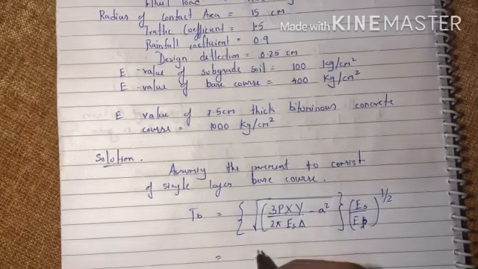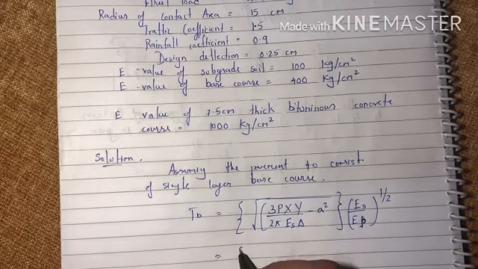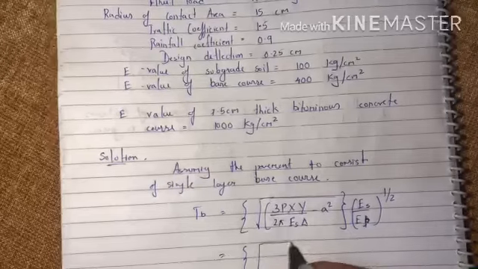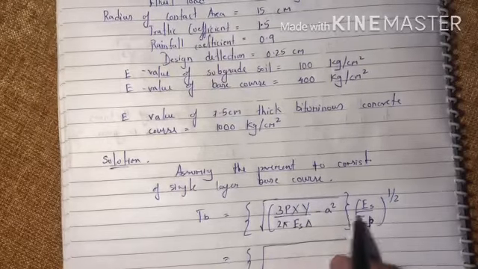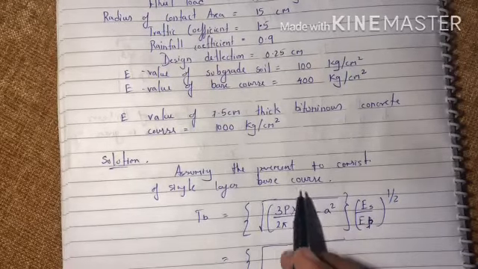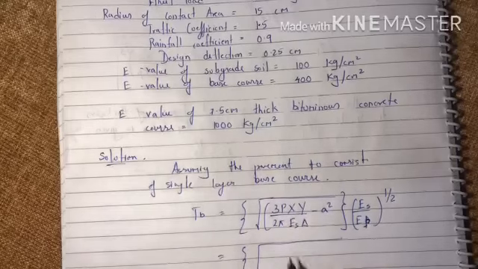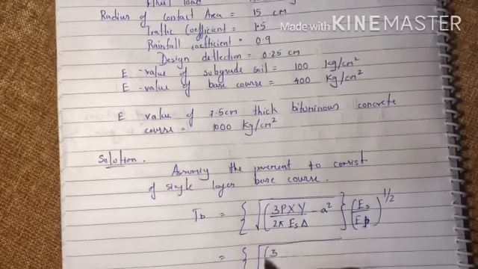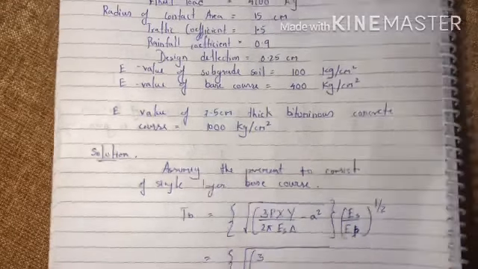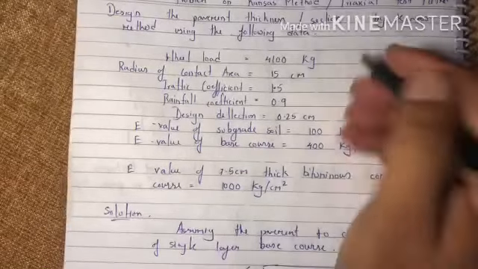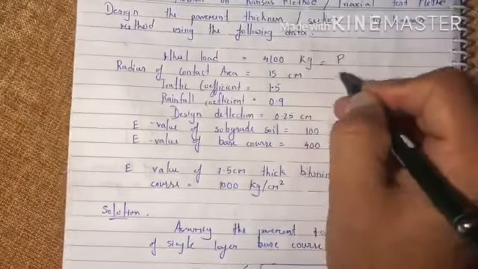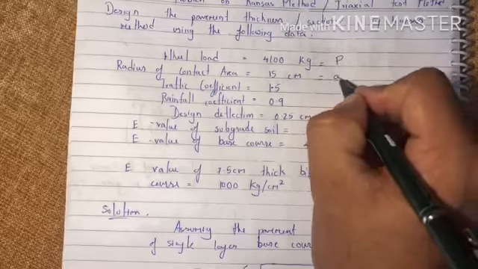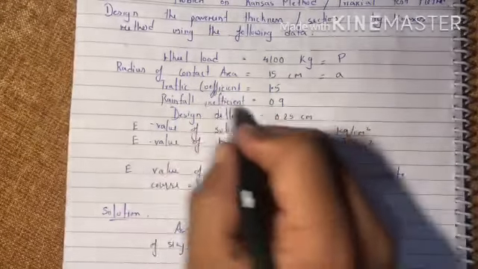Here we need to carefully substitute the values. All these unknown quantities are given in the form of data here. So 3P stands for the wheel load, this is the P value, and this stands for small a, the radius of contact area.